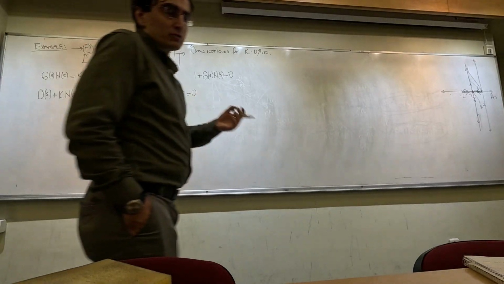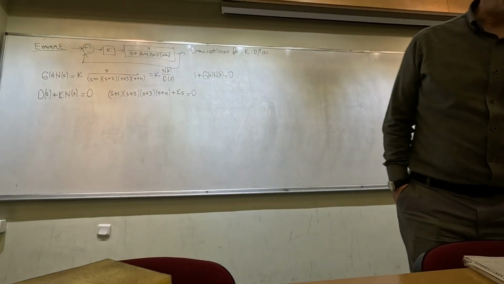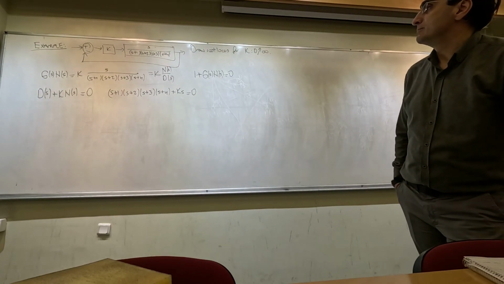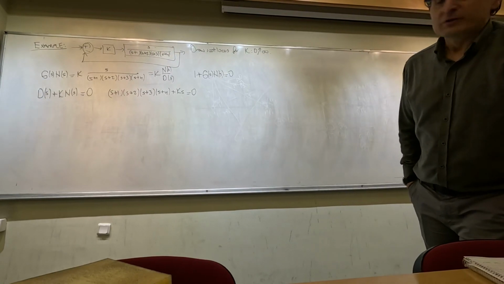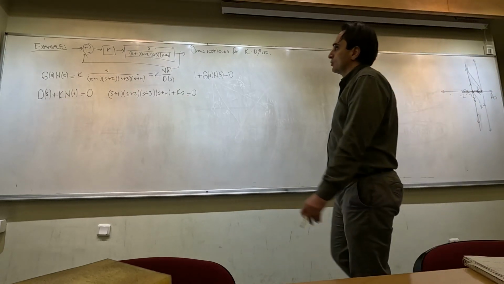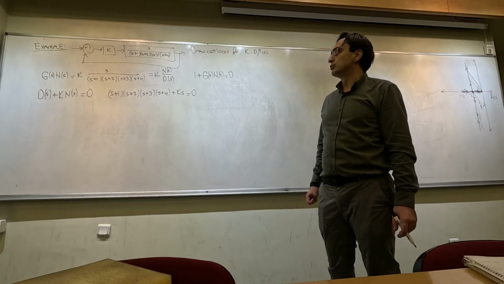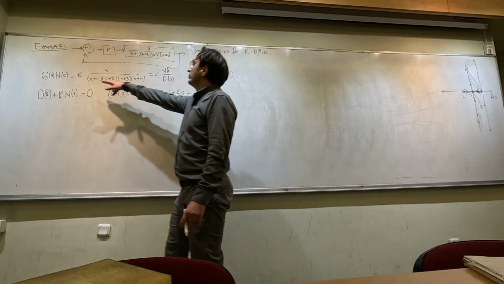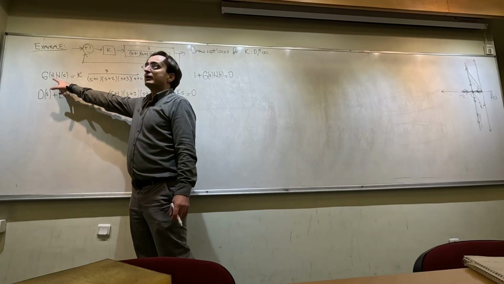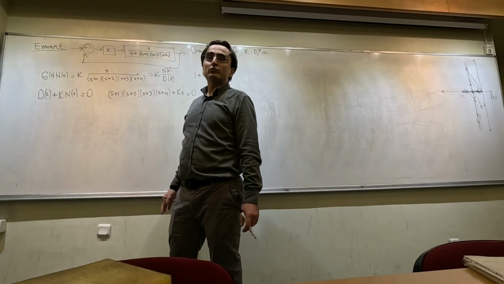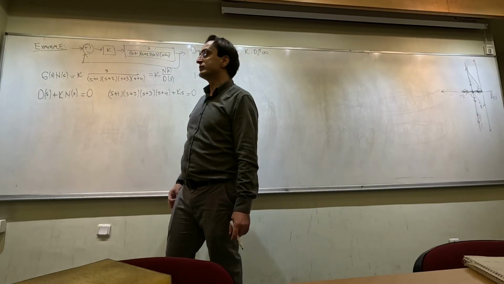So now we would like to draw the root locus for this system. The first thing that we are going to actually determine is where are the open loop poles and open loop zeros. This is my open loop transfer function. Okay? And I would like to look at the open loop poles and open loop zeros.